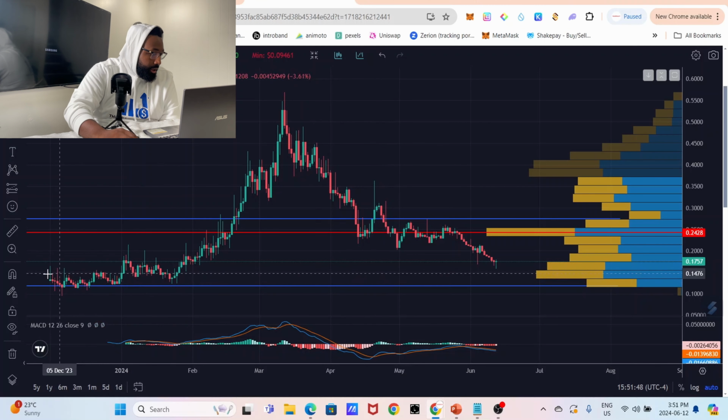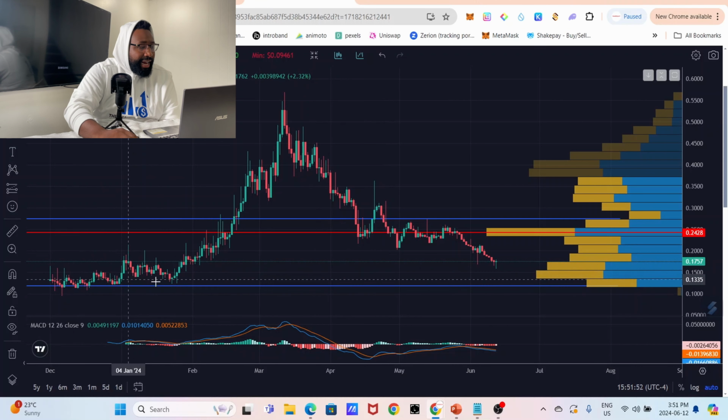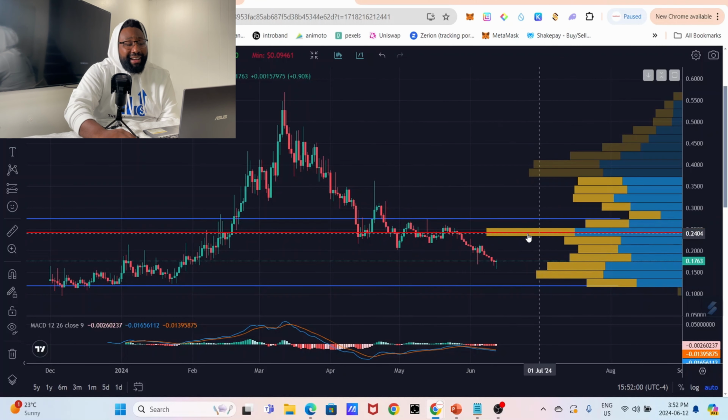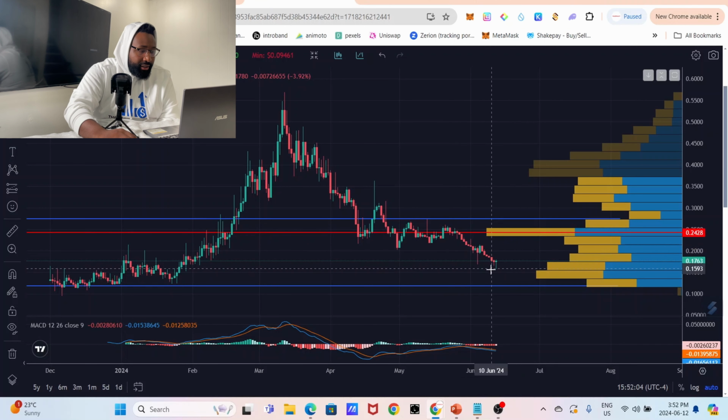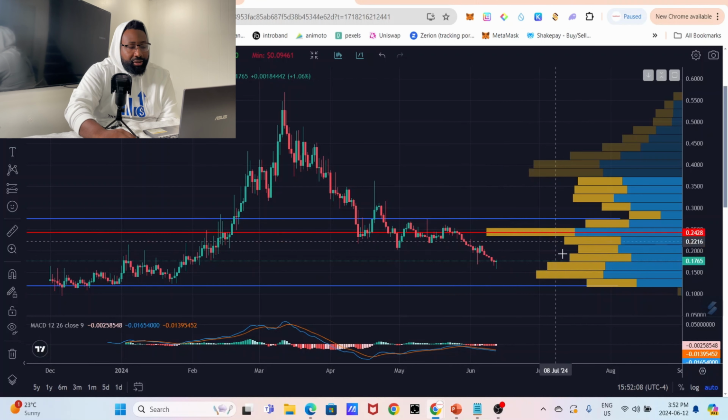So you can see here about the end of 2023, there was a lot of price action here, which is why we got big volume spikes. And more recently, in May and April, we had a lot of volume trade in this area, which is why we have a massive volume spike. But as you can see over the past couple of weeks, we've dropped straight through the zone because there is a valley, there's this gap.